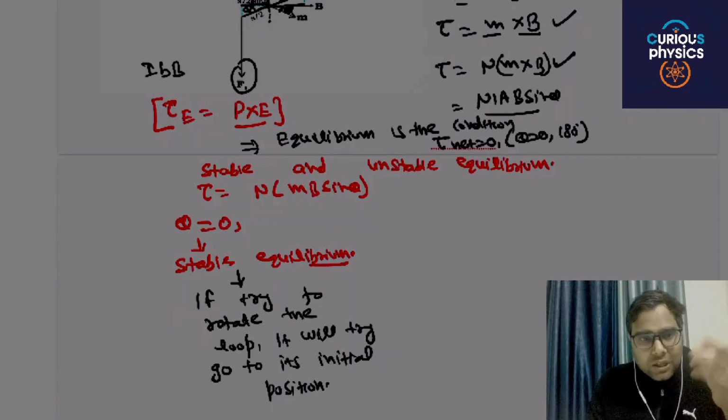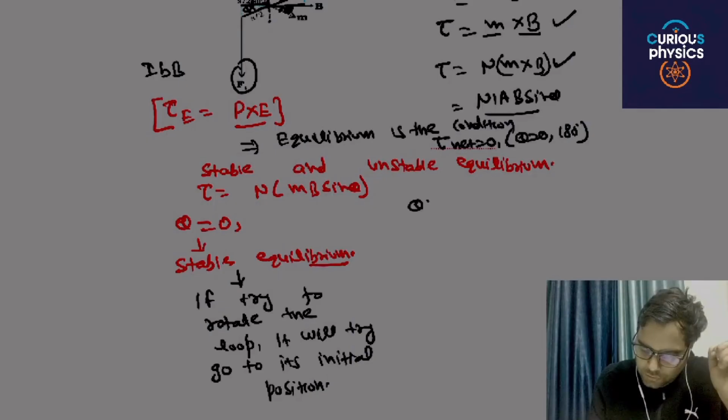This is the case of stable equilibrium, and theta equal to 180 is the opposite. This is unstable equilibrium.